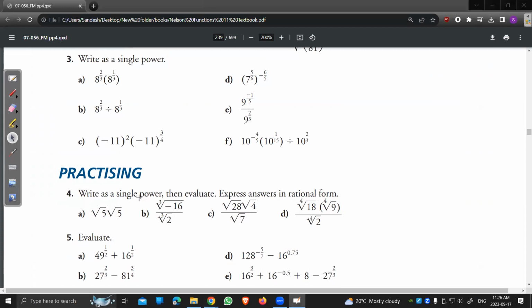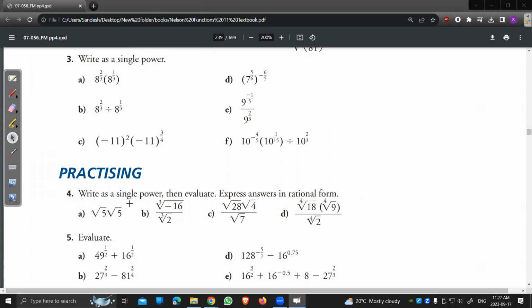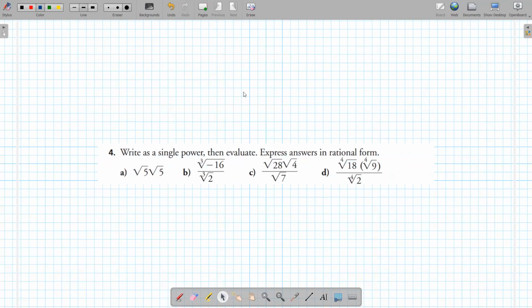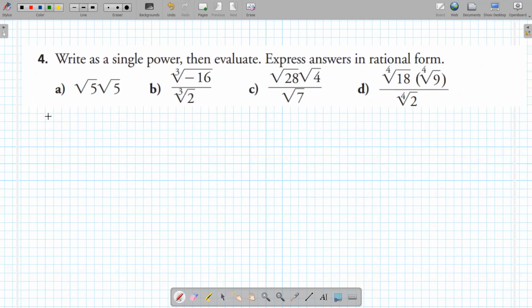It says express as a single power, then evaluate. What do we do here for the first one?